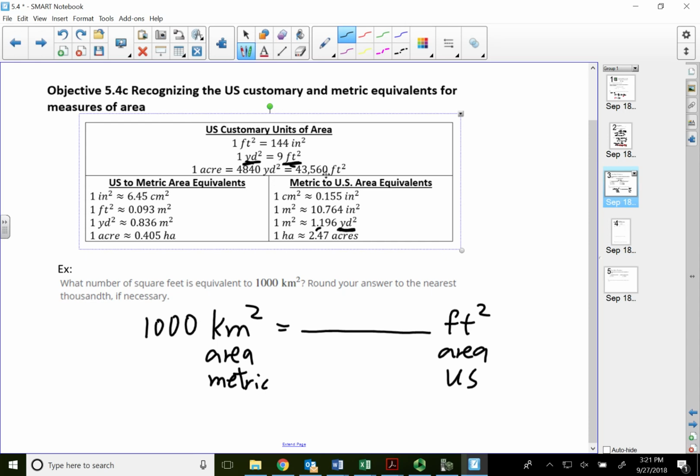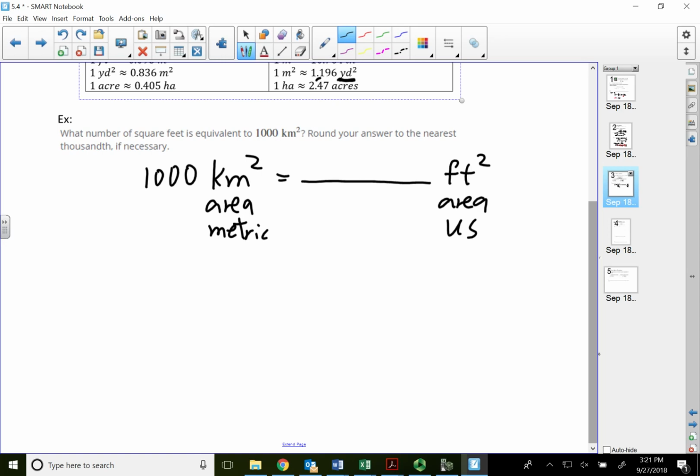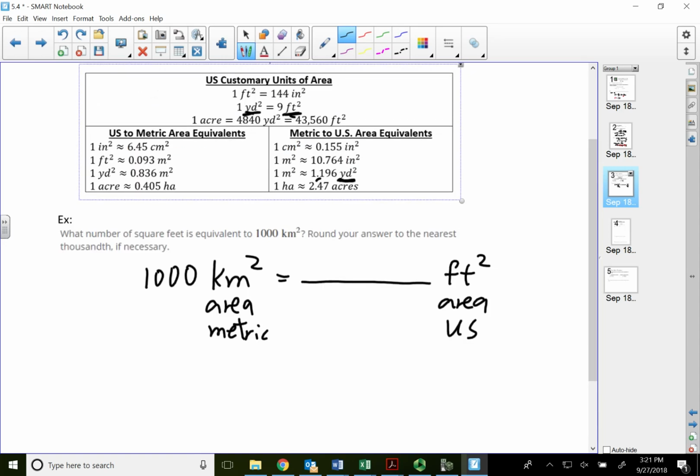So I'm mapping out my path. I have square feet to square inch or square yard. I can go either way, but I'm not choosing square inch, because I need to end up in square feet.